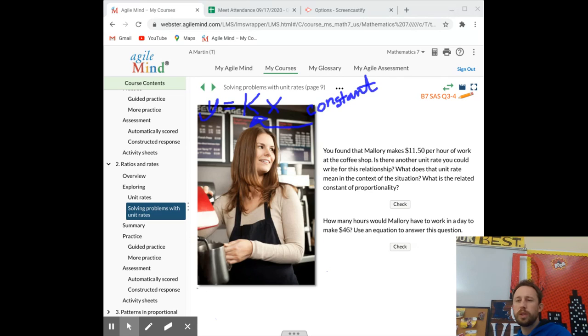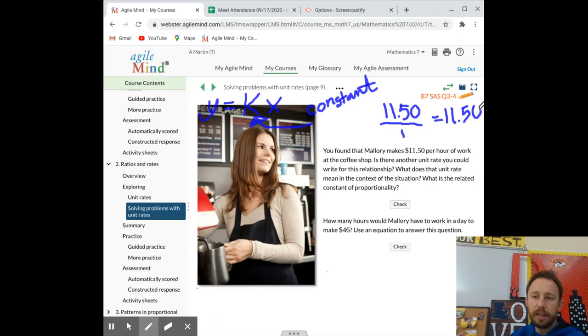So, how would we find the reciprocal of $11.50? $11.50 has an understood one, right? Because we know that 11.50 divided by 1 equals 11.50.